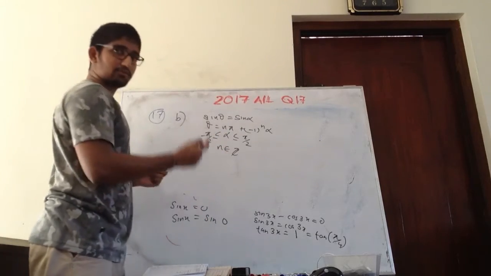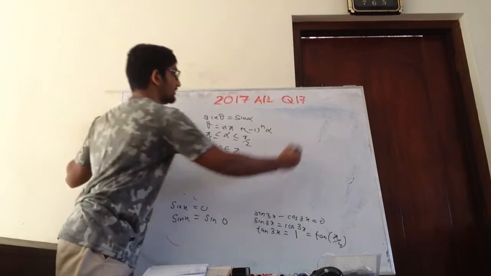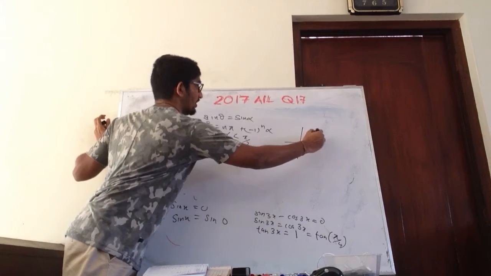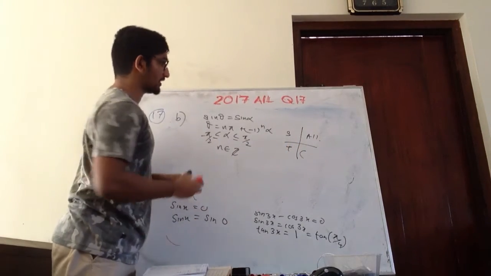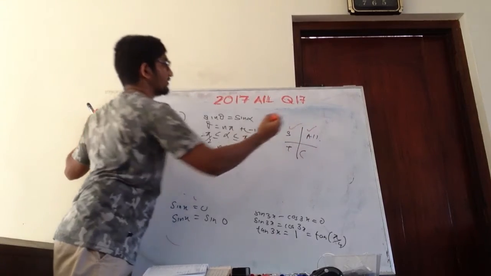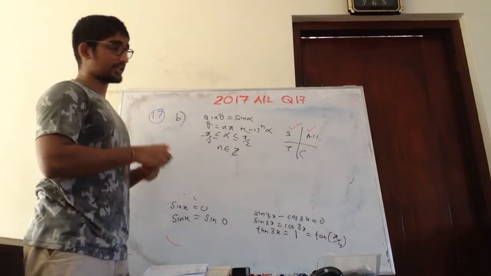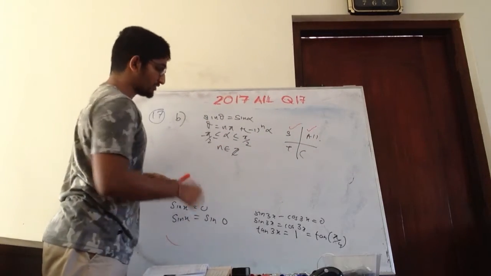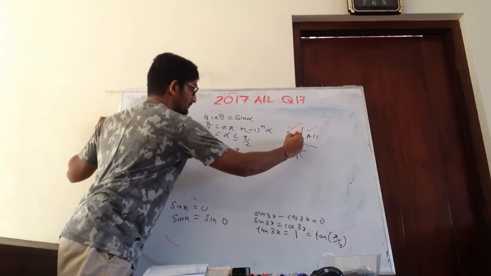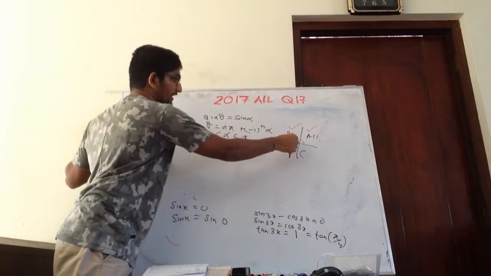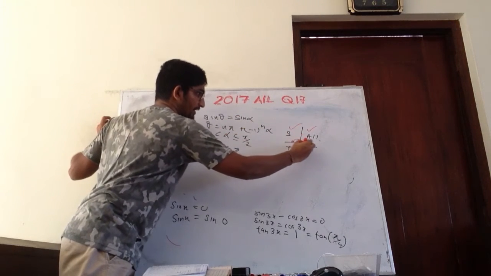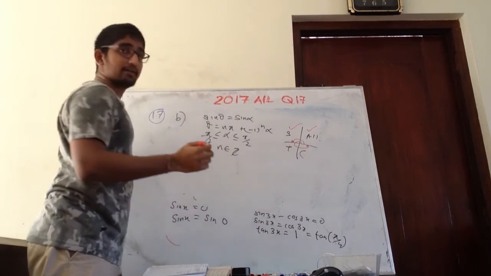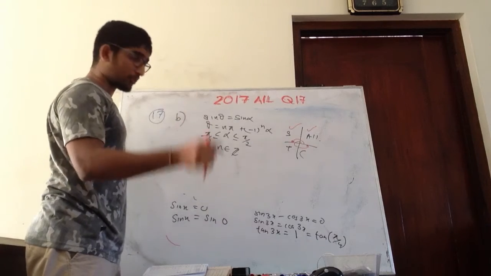The way I said for you all to remember is this: because of the ASTC diagram, the positive part is here and here for sine. So n pi is here, so we need the positive part.